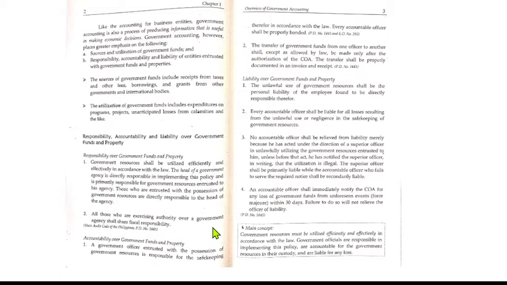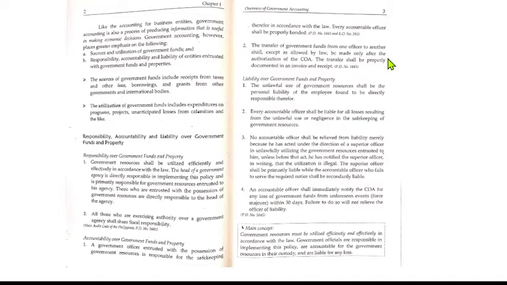So when we say naman accountability, a government officer entrusted with the possession of government resources is responsible for the safekeeping thereof. The transfer of government funds from one officer to another shall be made only after the authorization of the Commission on Audit. Kasi whenever there is retirement, whenever there is promotion, yung mga assets na naka in custody of one permanent employee ay nalilipat yan, napapasa yan on the basis of the position.